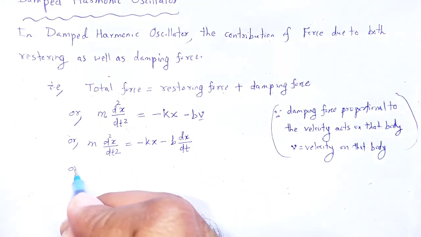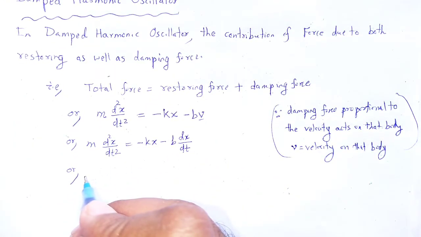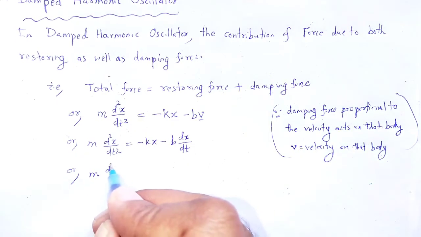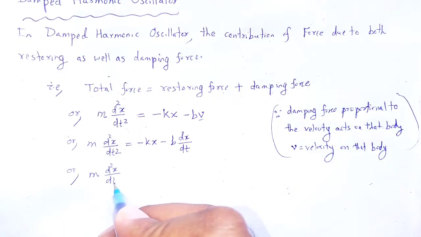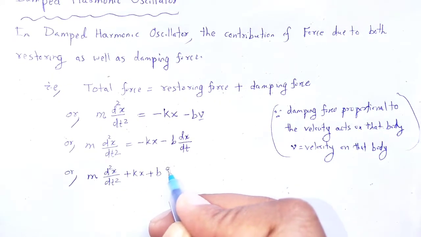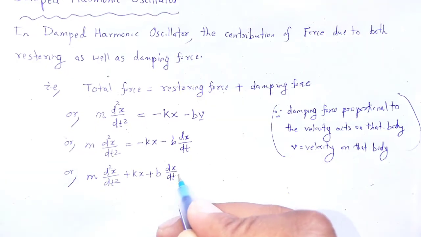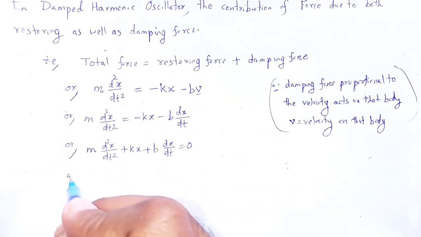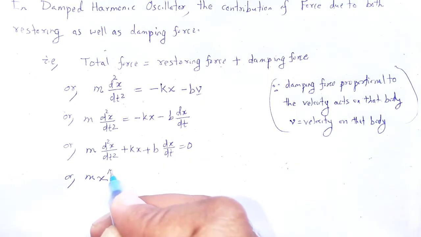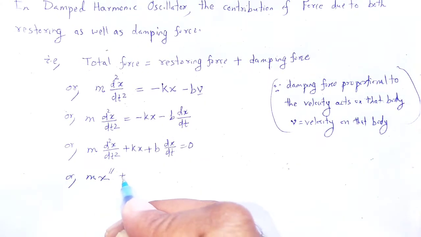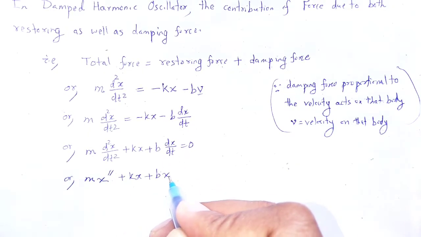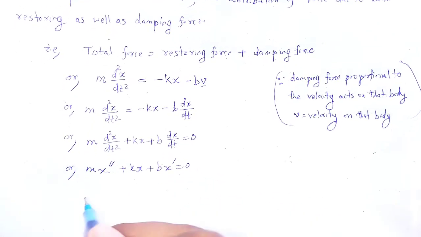Therefore, the equation of the damped harmonic oscillator will be m d square x by dt square plus b dx by dt plus kx is equal to 0, or m x double dash plus b x single dash plus kx is equal to 0.